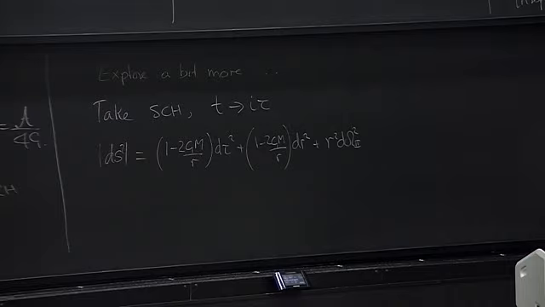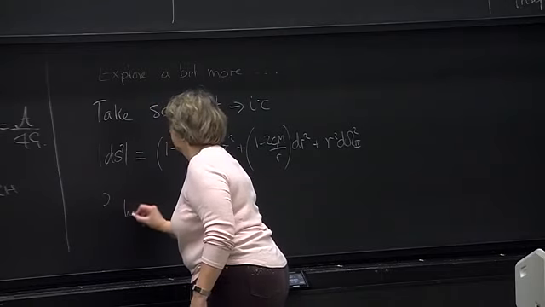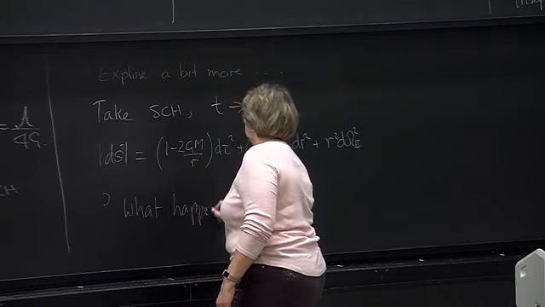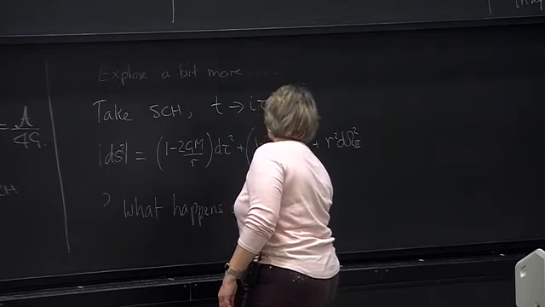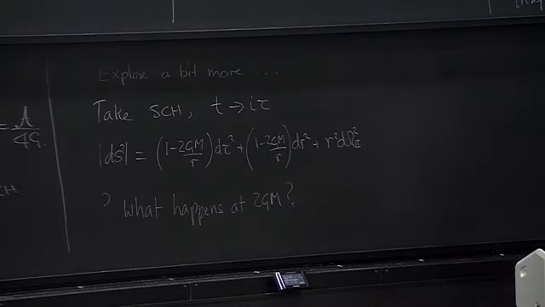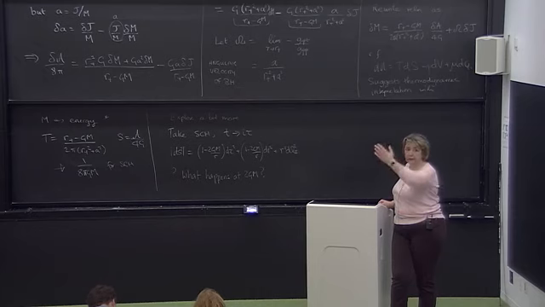Now, this is a Ricci flat Euclidean solution, but what happens at 2GM? When we were in Lorentzian space, we could do an analytic extension across 2GM, and we found non-singular coordinates that were perfectly fine at the horizon and beyond.